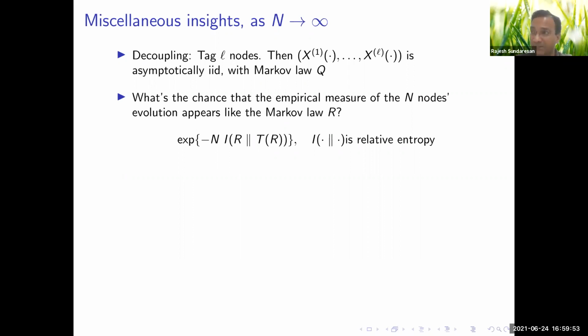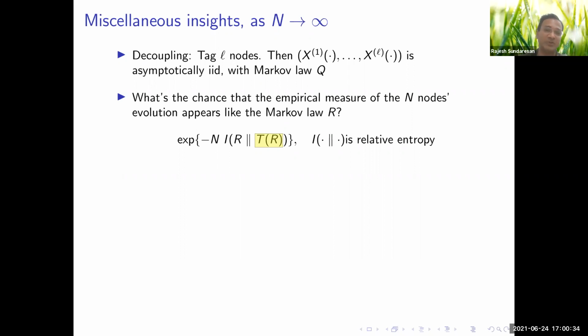So what is that relative entropy? If these nodes are behaving as if the law is R, then the mean field is something that comes from this R. And then you look at the response associated with that, which is T of R. So the normal behavior for R is T of R. For you to encounter a situation where the empirical measure is R is a very low probability event, and the probability is given by e to the minus n times the relative entropy between this measure R and the nominal.